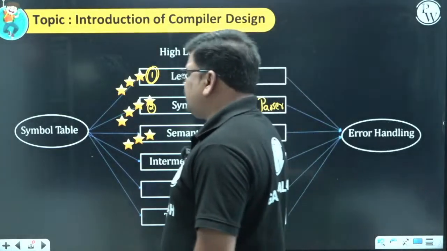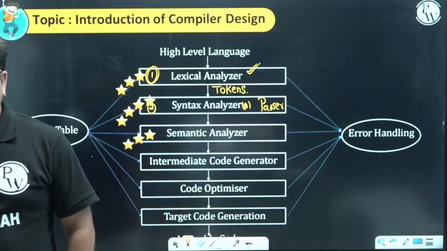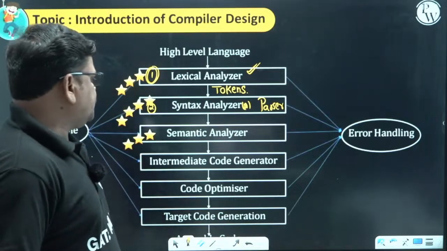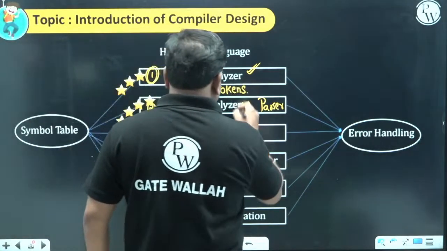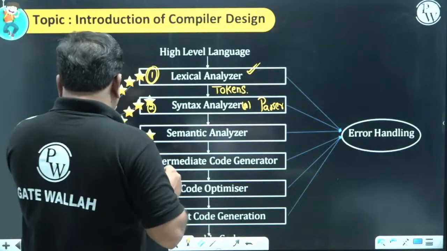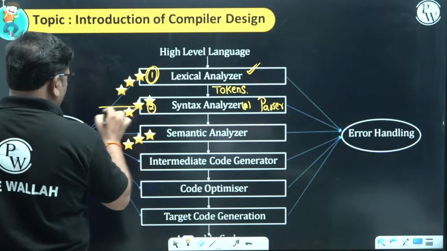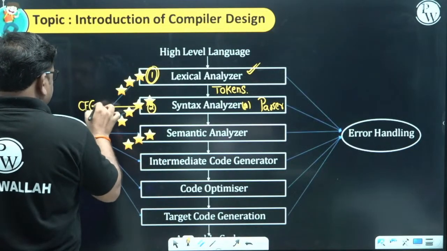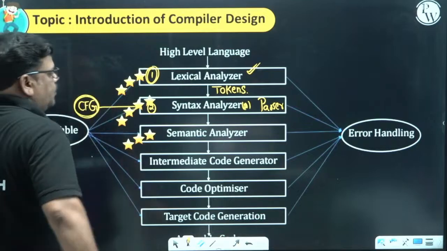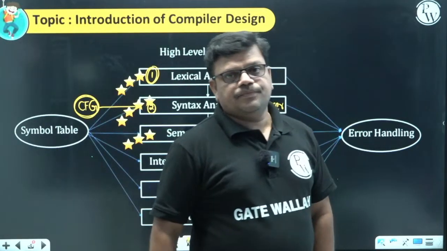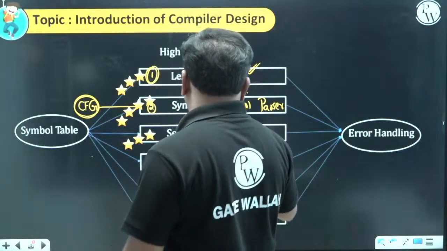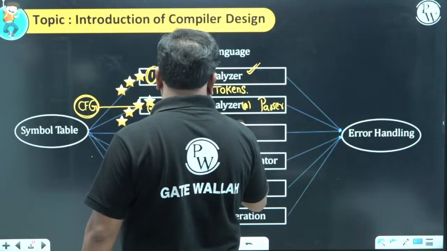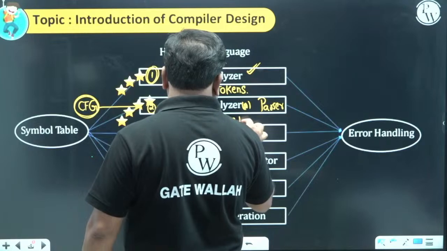What is the output of this program, the syntax analyzer or parser? It takes tokens as input. Along with tokens, it takes the context free grammar as input and produces a parse tree as output.